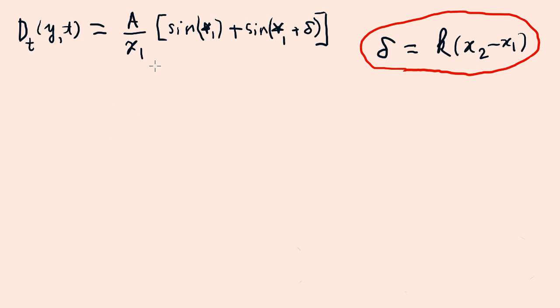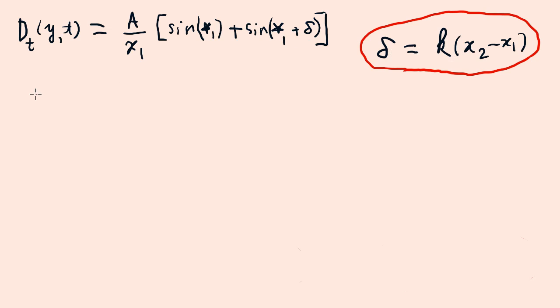Okay, so here's the expression that we arrived at, and let's make some important observations. We have two sine functions here, and they have a phase difference delta. So delta is k times x2 minus x1.